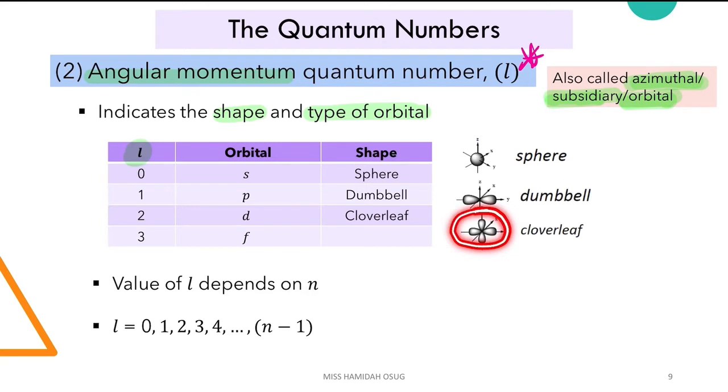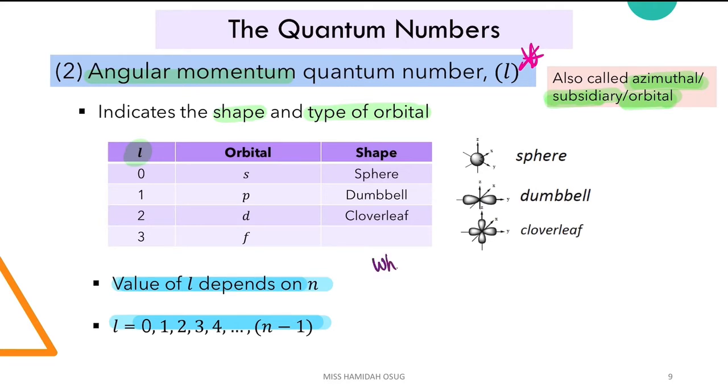Lastly, which is not in your syllabus, when l equals 3, it belongs to the f orbital. The value of l depends on the value of n: l can be 0, 1, 2, 3, and so on, up to n minus 1.